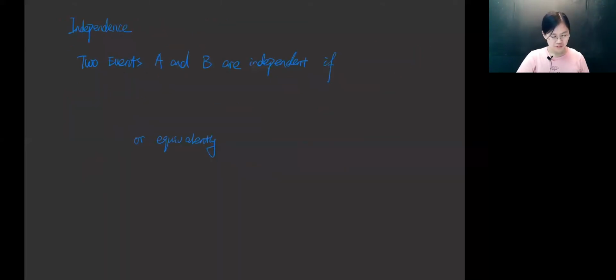Now that we have learned conditional probability, we can talk about the independence of events. Independence of events is defined as follows.